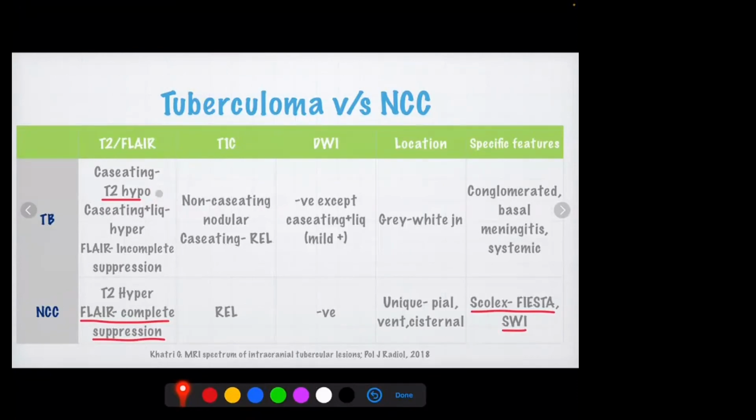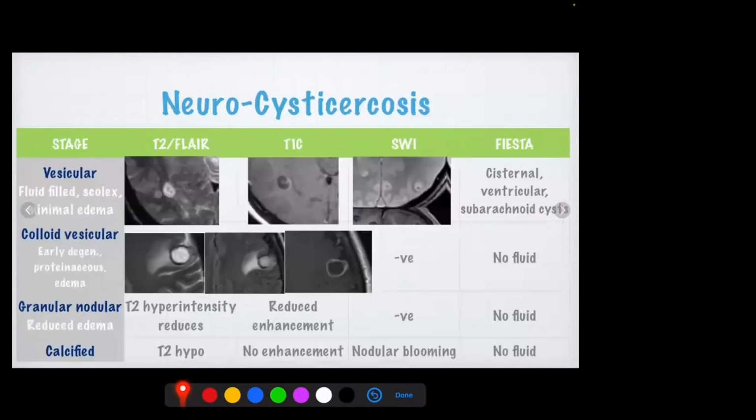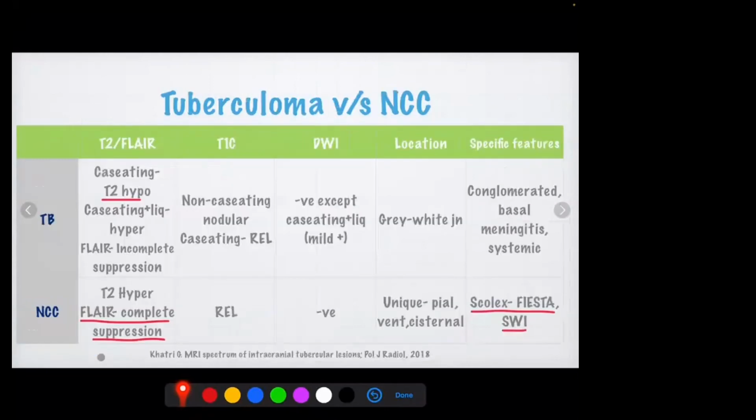But calcification is easy to see on SWI, which would show hard calcification, and is not difficult to diagnose. So in short, if we can show T2 hypointensity in one of the lesions, it would be more of the caseating granuloma stage of TB compared to NCC.